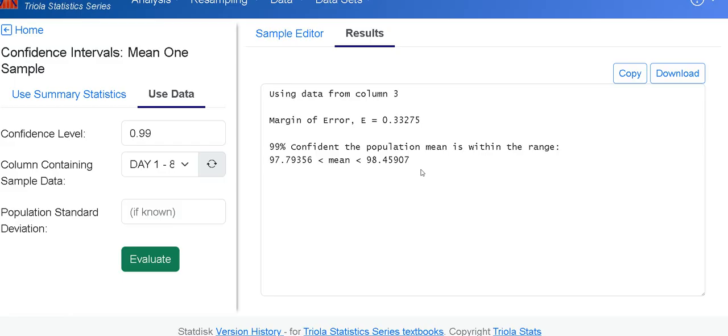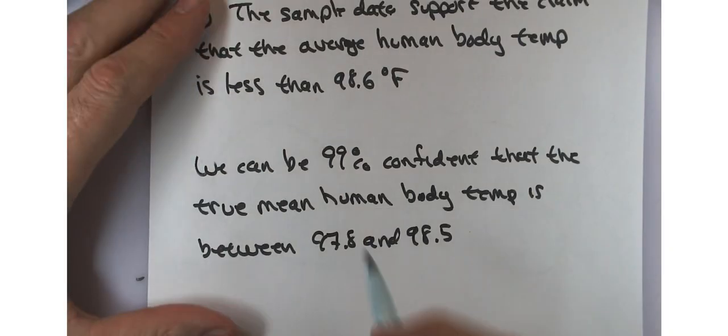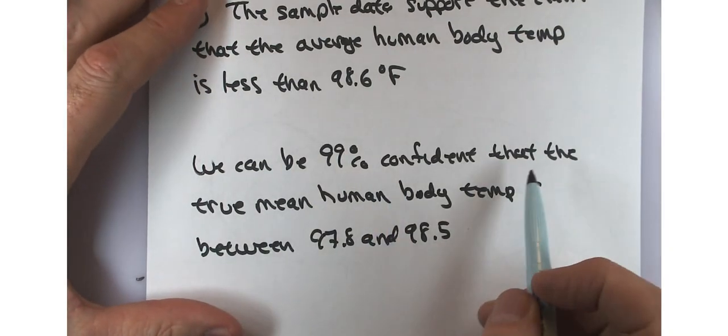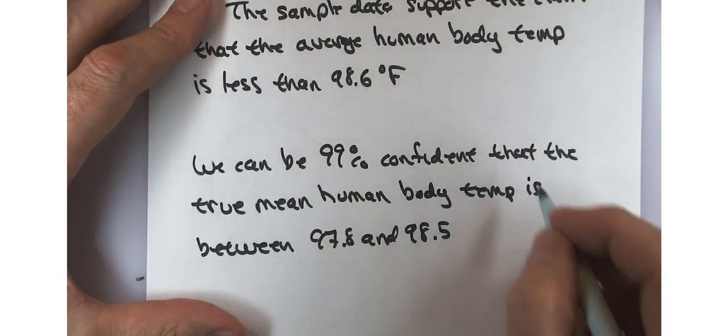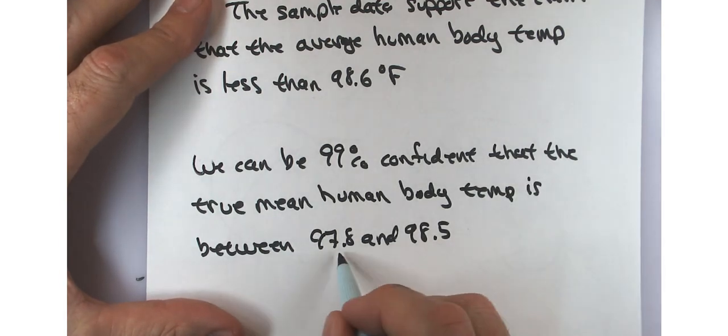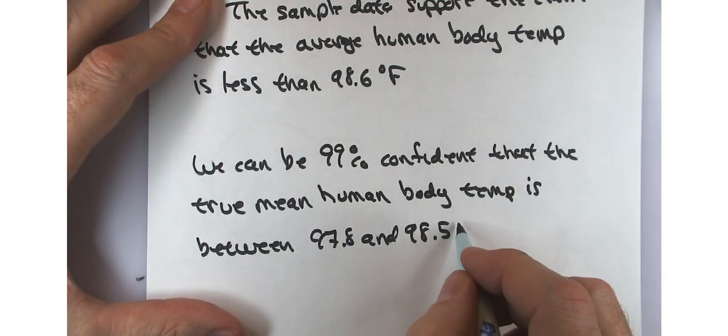I just wanted to copy down these numbers while I had them, but we can be 99% confident that the true mean human body temperature is between 97.8 and 98.5 degrees Fahrenheit.